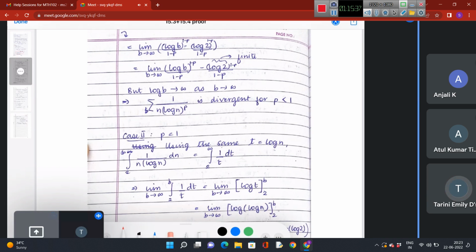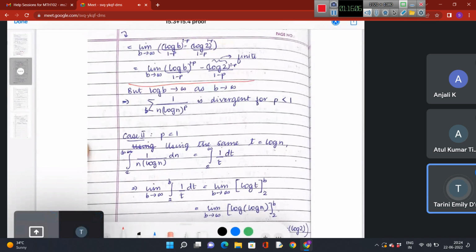When we take the integral limits, we get the log b part and the log 2 part. As b tends to infinity, since that part is in the numerator, the limit will not exist, as it will diverge to infinity.